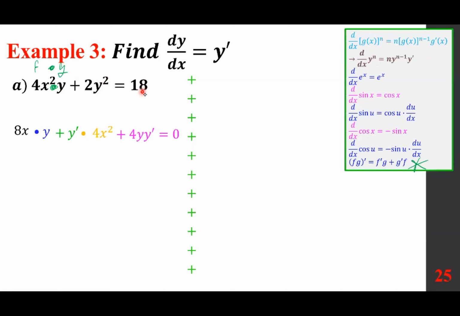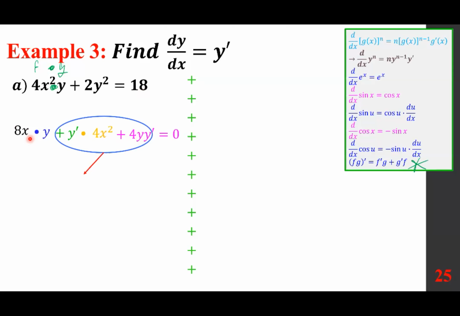We are going to combine anything involving y prime to the same side. Anything other than that, we move it. So these two pieces, we keep it and we factor out the y prime. Of course, there is a common factor of 4. Everybody can see that there is a common factor of 4. So in essence, we take out 4y prime, and that gives us x squared plus y.